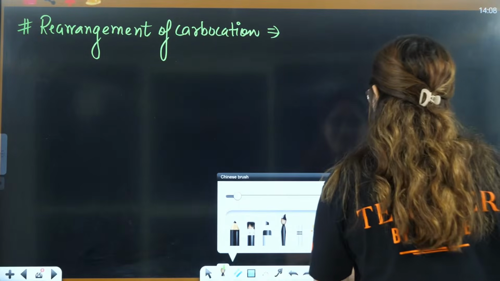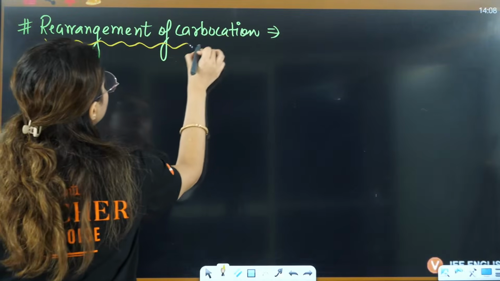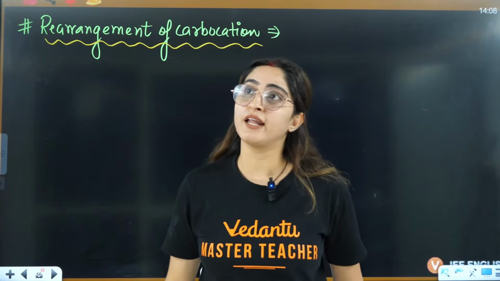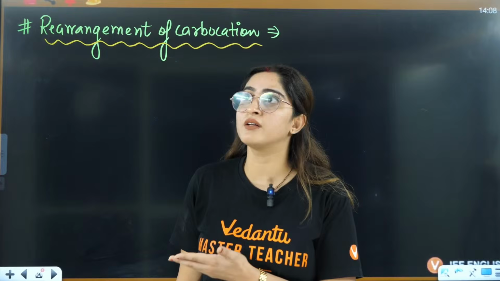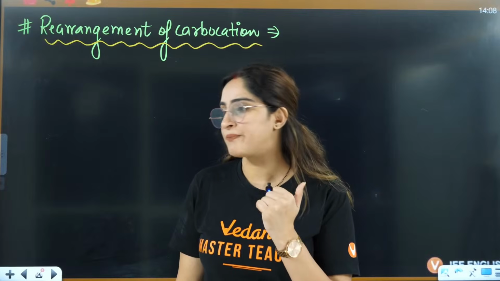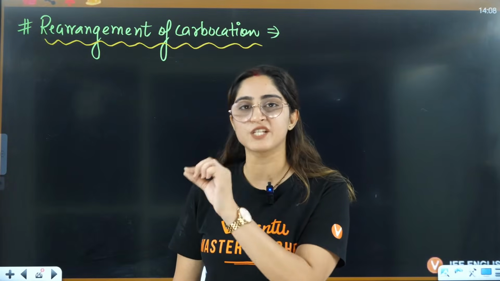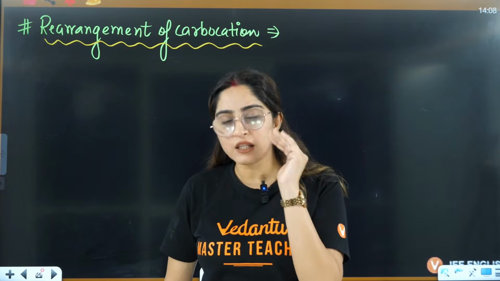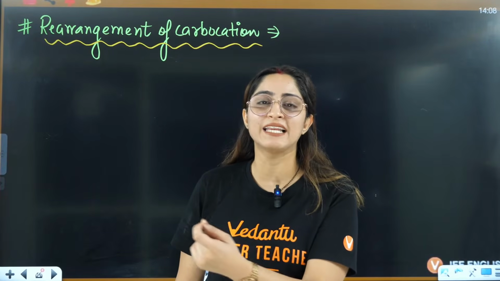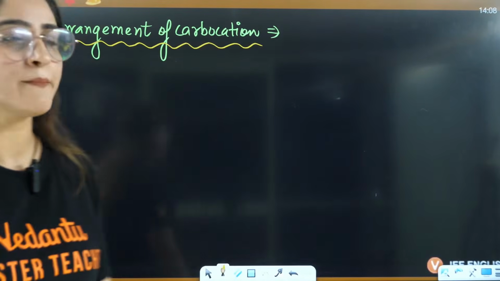If I teach ring expansion and contraction, it will take half an hour, and then we will not be able to complete all the reactions today. So I'll specially write rearrangement of carbocation on the thumbnail, so that students who watch the recorded version for preparation of properties of alkene and alkyne can find it. I'll just give you how it is used in the questions.